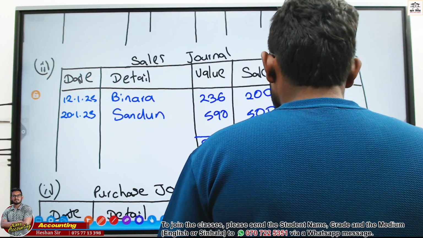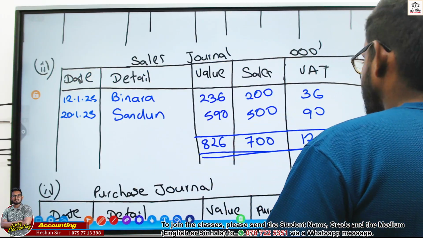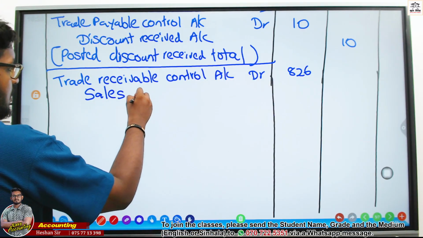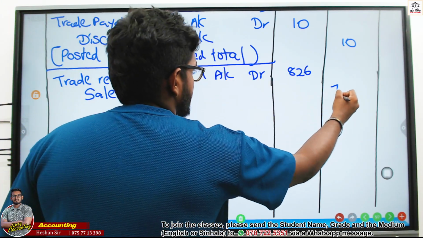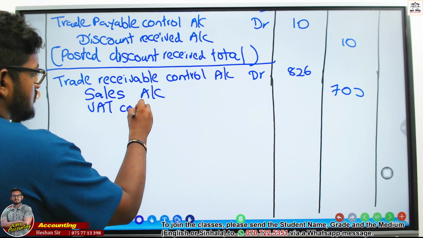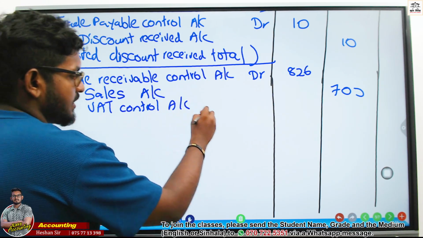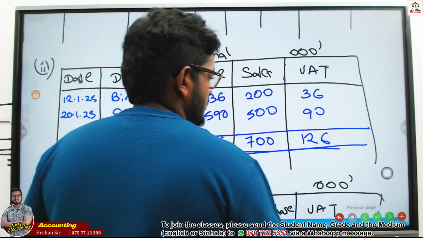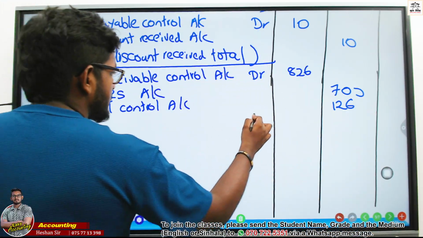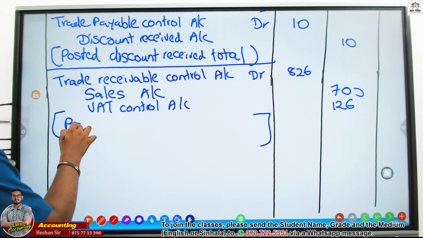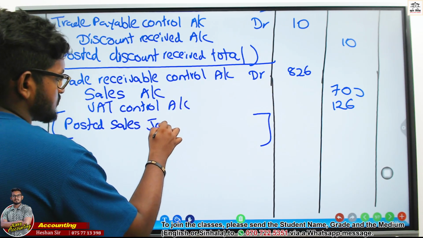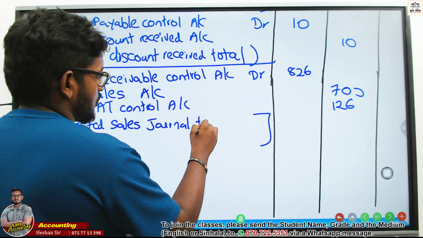And you can see sales account credit 700. VAT control account credit how much? 120. It is entered exactly as in that entry. Posted sales journal total to ledger.